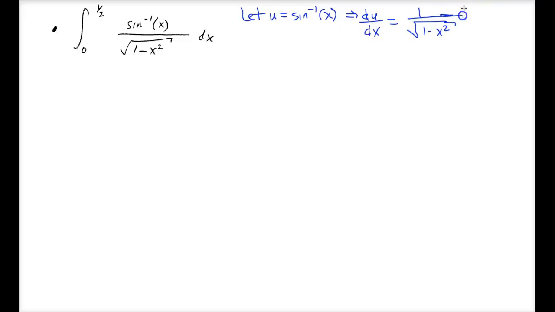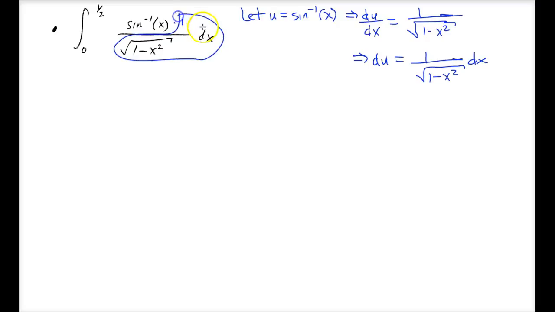And so now that also means that du is going to be 1 over square root of 1 minus x squared dx. Okay, so we have direct substitution here. All of this is being replaced by the derivative, and of course u will just be sine inverse.